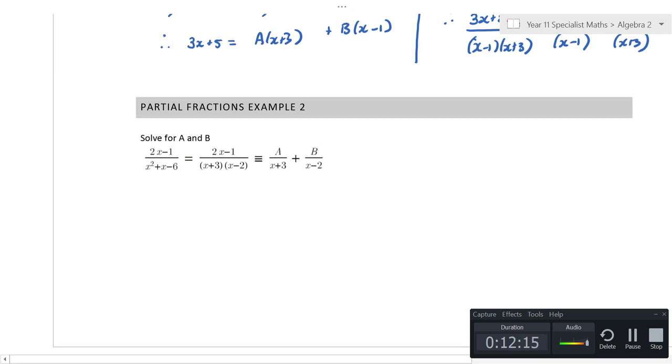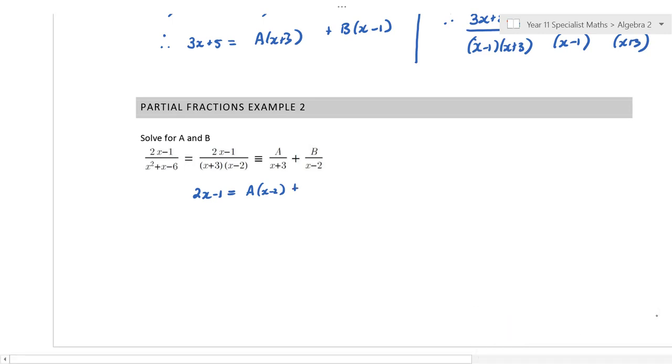The first thing is that I guess we can really go straight to this step. 2x minus 1 is equal to A, so I'm getting that x minus 2 over that side, and we're also getting this B, and we're multiplying that by x plus 3. And just like before, I could let x equal anything, but it would be easiest to let x equal 2.